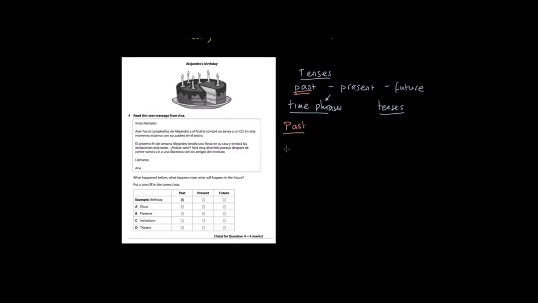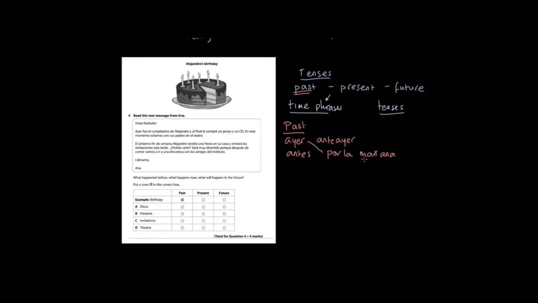Okay, so if something happened in the past, if something has happened, things I will very likely see are words like, for example, ayer, yesterday, antes, before. I could come across anteayer, the day before yesterday. I could come across words like ayer, and then I could have por la mañana, in the morning, okay? Por la mañana, but that's, remember, linked to ayer, okay?